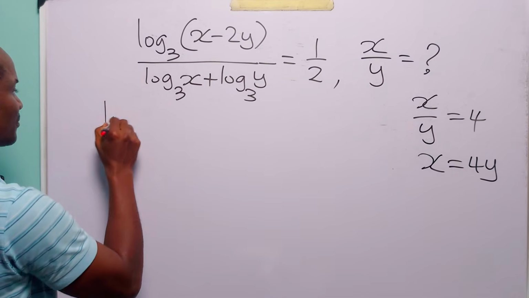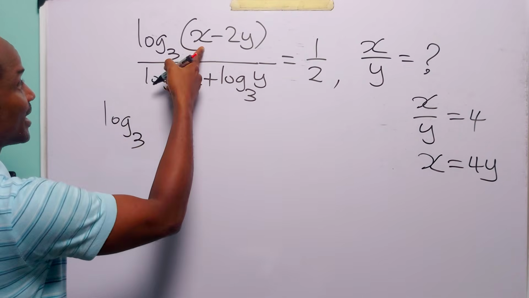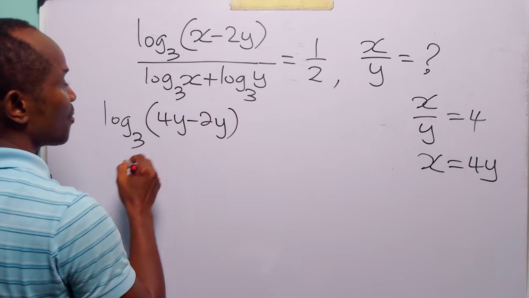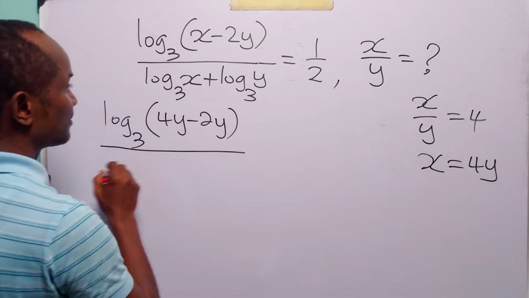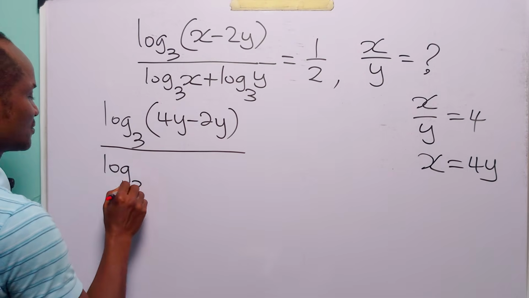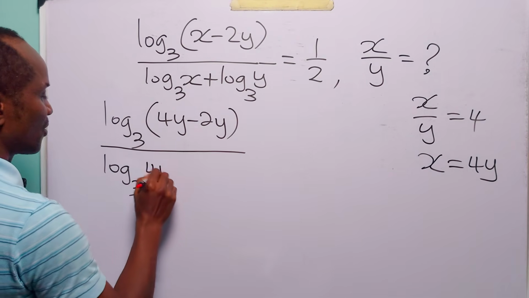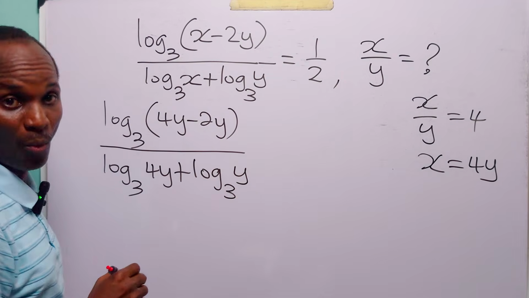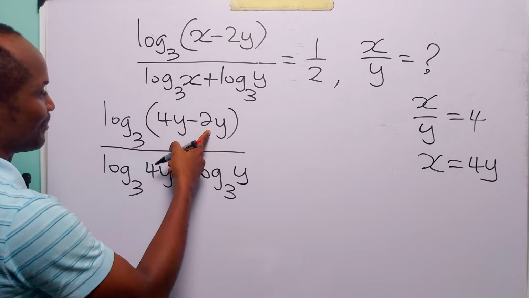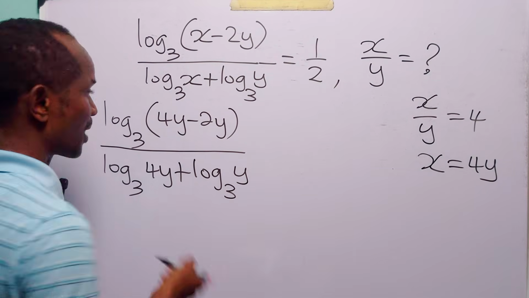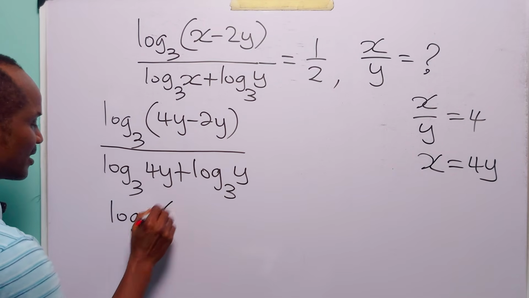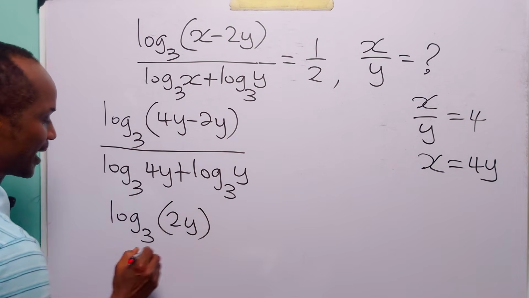So here we have log to base 3 of (4y minus 2y) divided by log to base 3 of 4y plus log to base 3 of y. 4y minus 2y is equal to 2y. So in the numerator, we have log to base 3 of 2y.